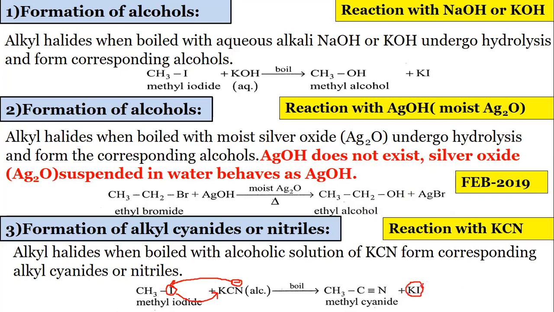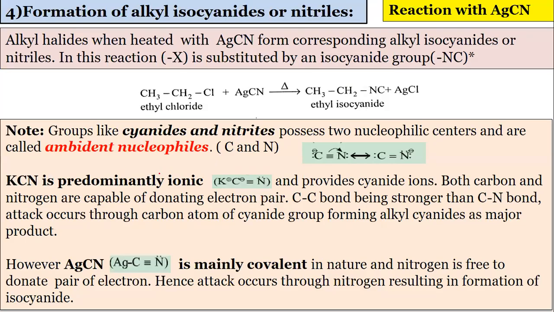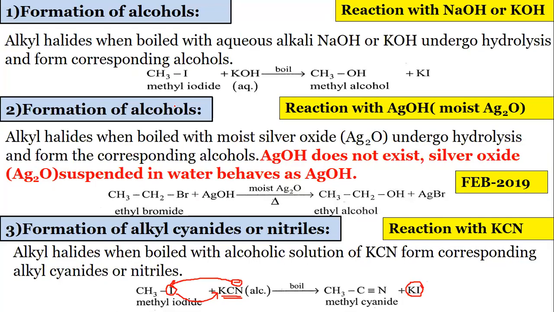Here we have to remember one important thing: KCN, potassium cyanide, is actually an ambident nucleophile, and so is AgCN. In the next slide I will explain what these ambident nucleophiles are.